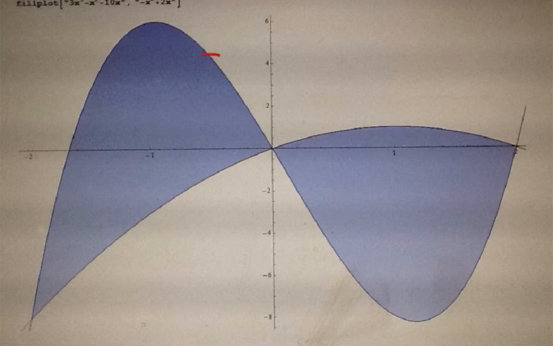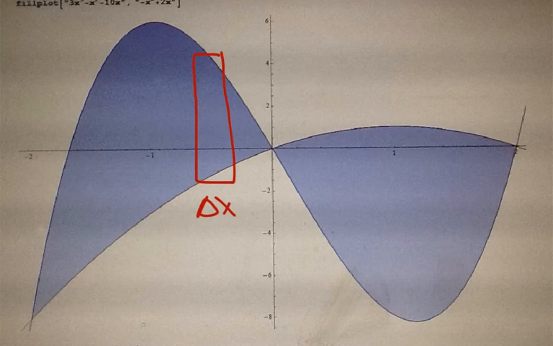Well, if I were to draw a rectangle on the left region over here, of course this is delta x, top minus bottom. This top piece right here is going to be the cubic, and the bottom piece is the parabola, or the quadratic. And so top minus bottom is the cubic minus the quadratic.